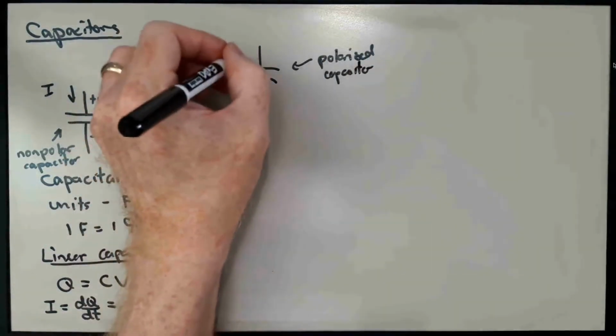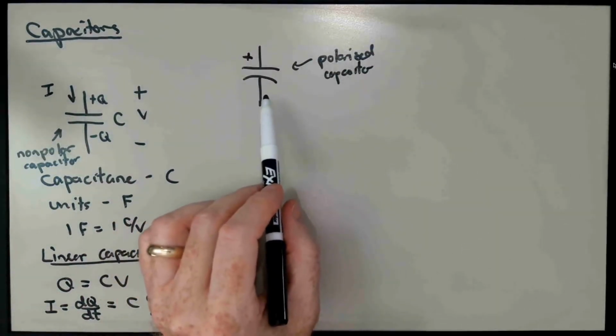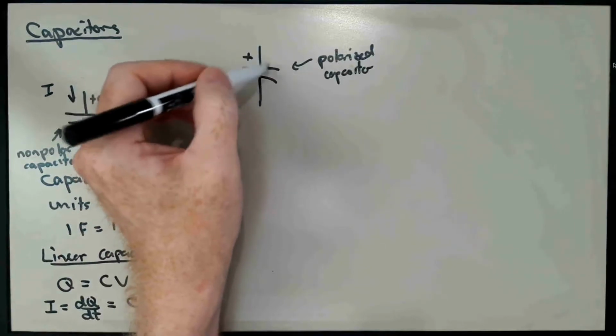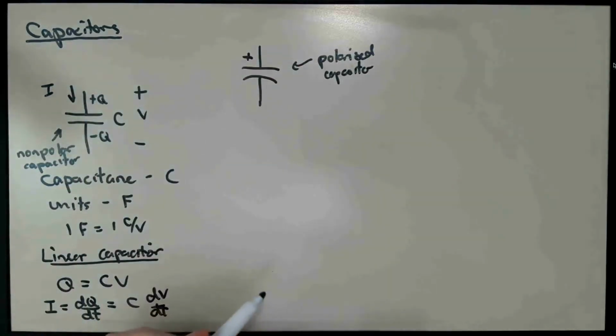And this is the positive plate. The idea of a polarized capacitor is that for the DC voltage across it, you have to respect the polarity of the capacitor, otherwise bad things happen, like the capacitor explodes and spews hot electrolyte all over your face or something like that, which is a bad thing.